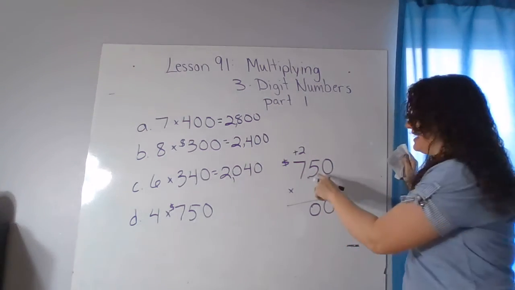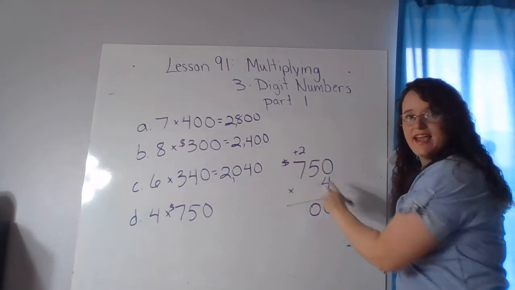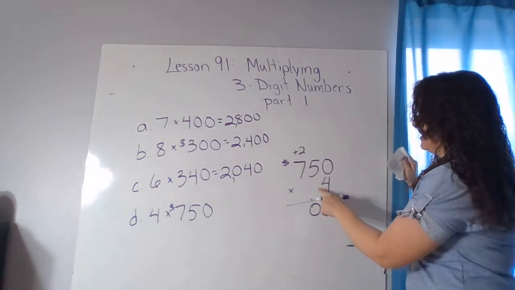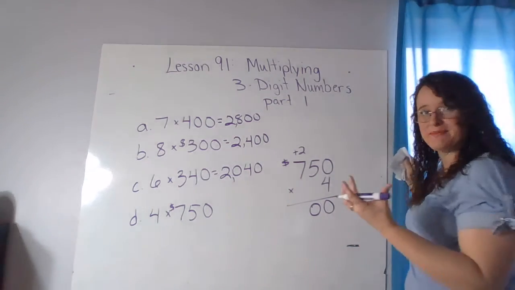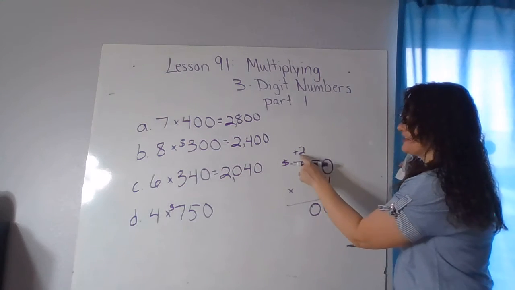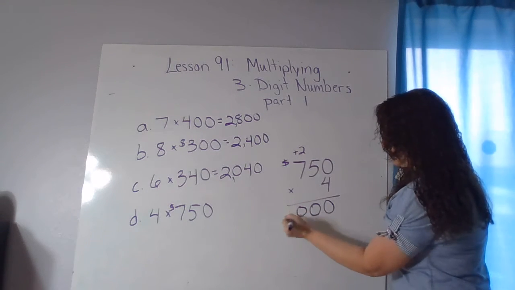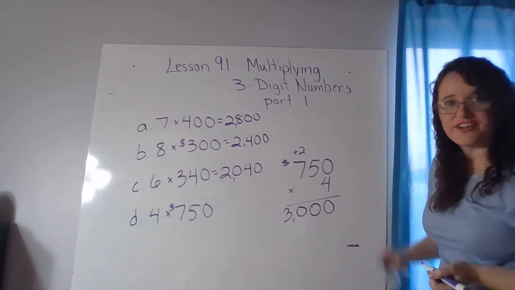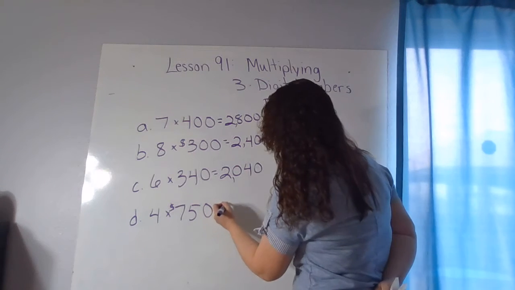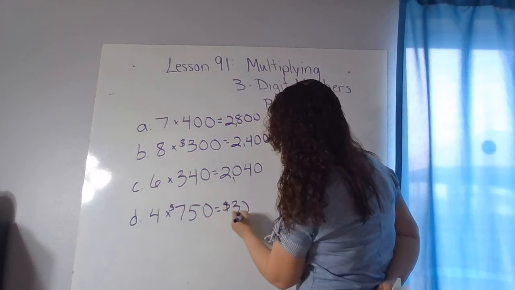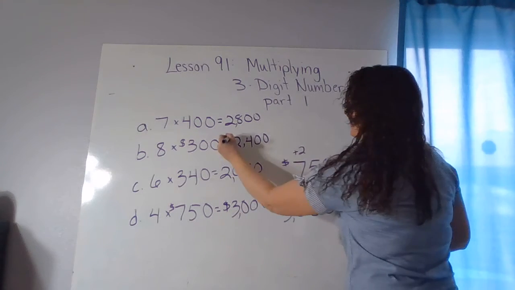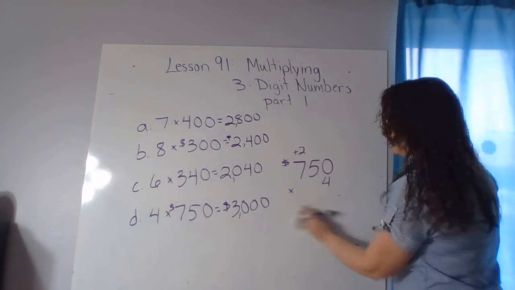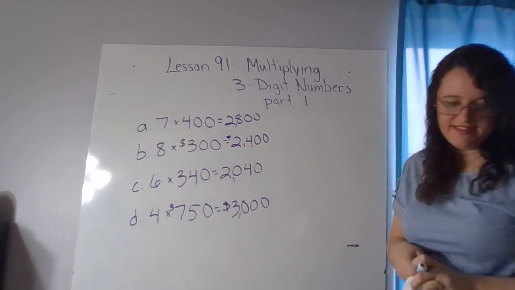So when I carry, I was working on the tens, I have to carry it over to the hundreds. So 7 times 4, we just did that one. We counted by sevens up to 28, plus 2 is 30. So our answer is $3,000. And that's money. Let's see, this one was money too. So don't forget our dollar signs.